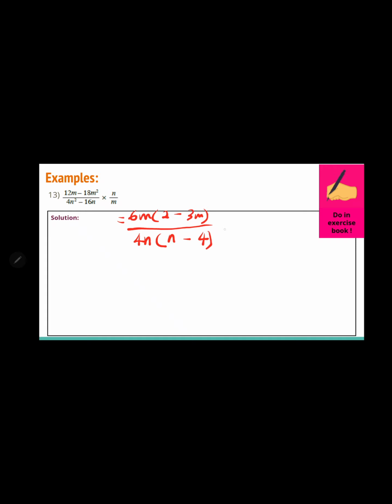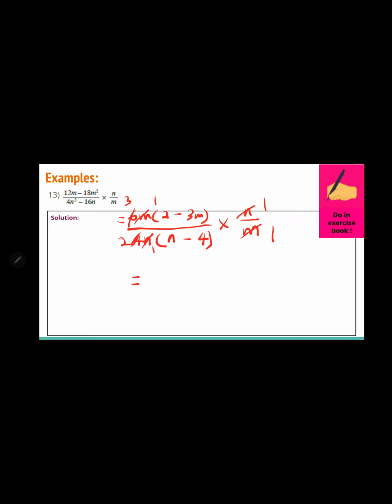Then n over m. This one and this one, this one and this one, and this one and this one. Simplify everything.